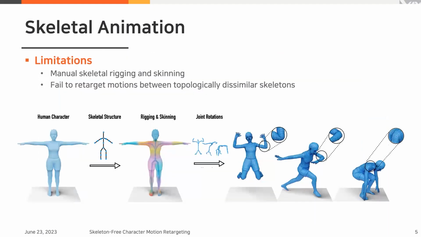However, many data-driven motion researches I have studied have focused only on joint transformations and do not consider the mesh. In addition, skeletal animation has the following limitations. We need manual skeletal rigging and skinning for nice results with body models.